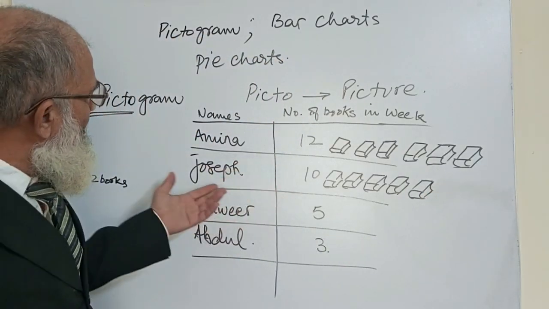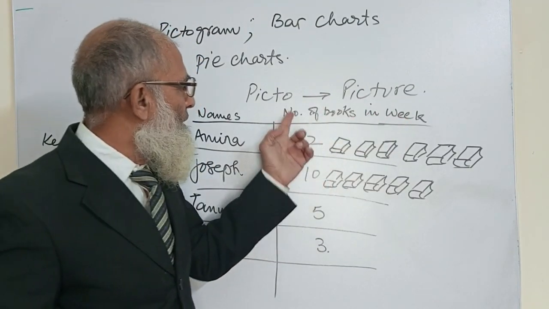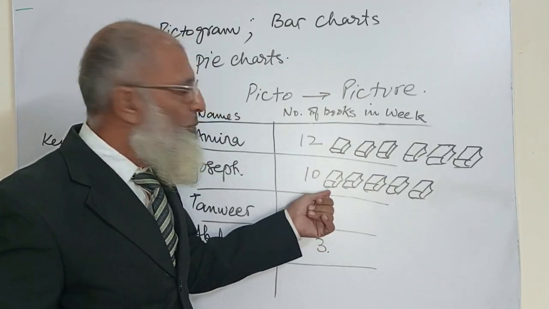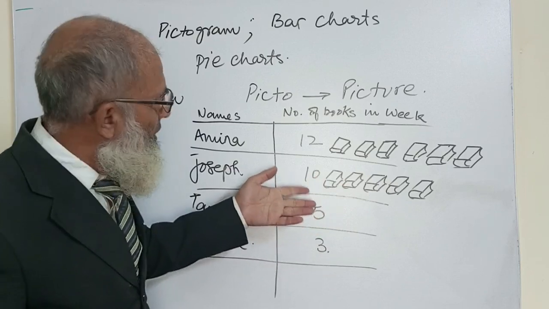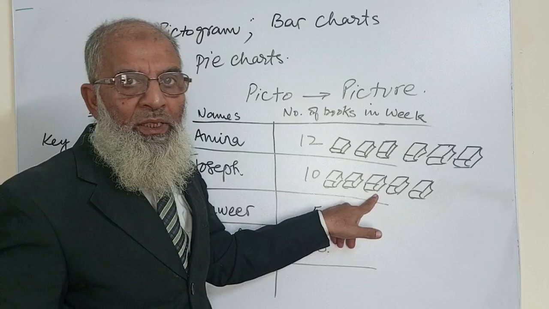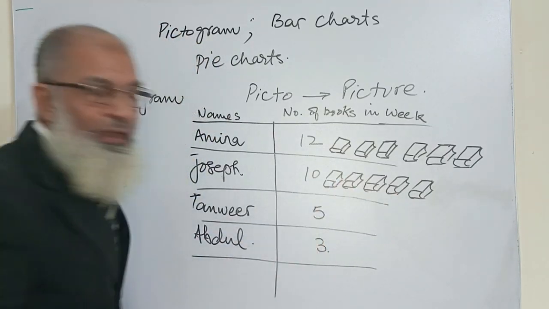Now you see that Joseph read 10 books in 1 week. So how did we represent it? We represented 1 for 2. So 2, 4, 6, 8 and 10.